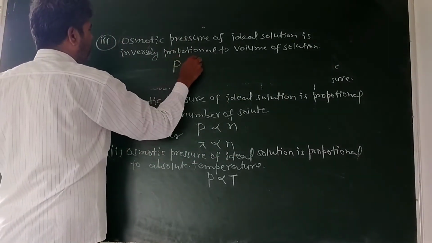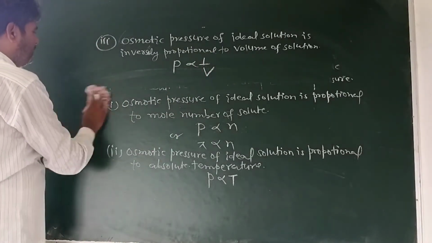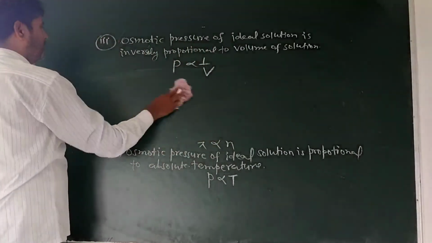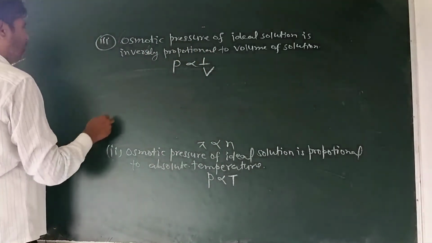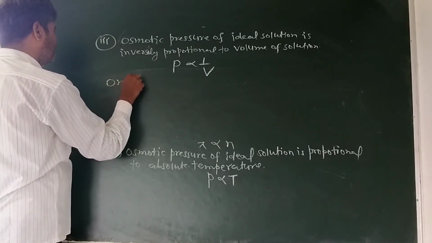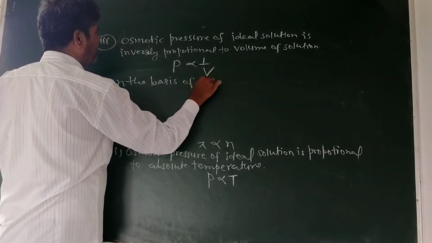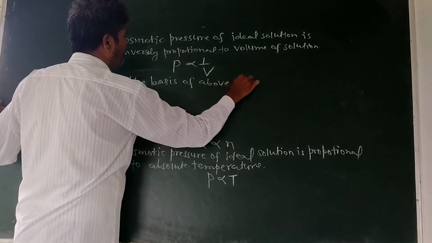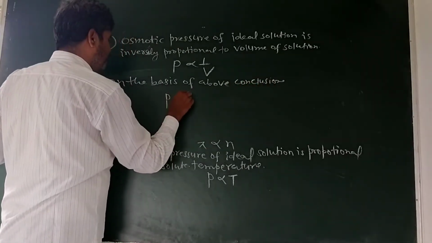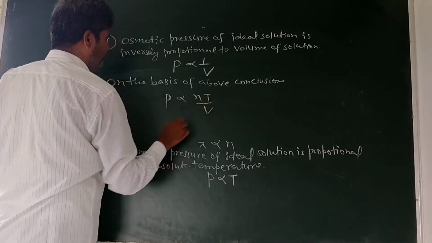Pi is proportional to 1 by V, inversely proportional. On the basis of the above conclusions, we may write that pi is proportional to nT by V.